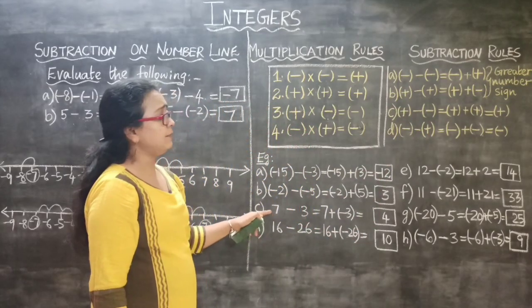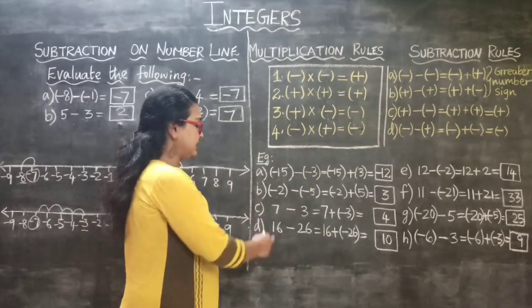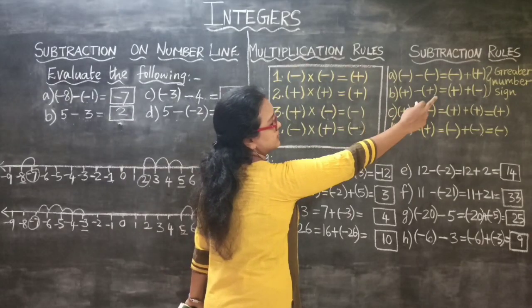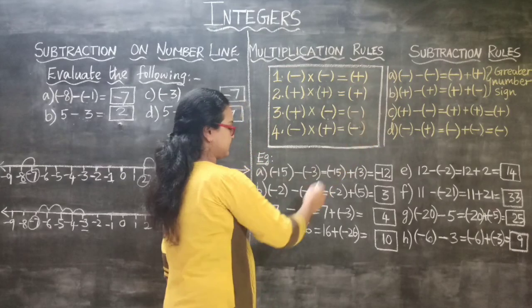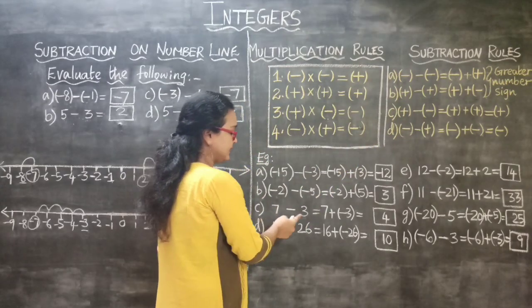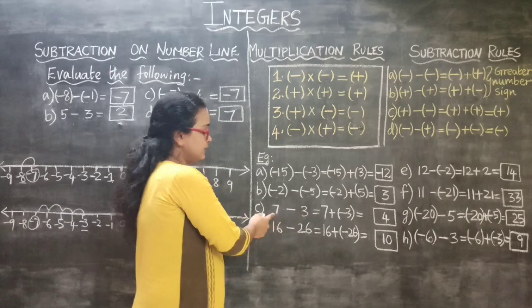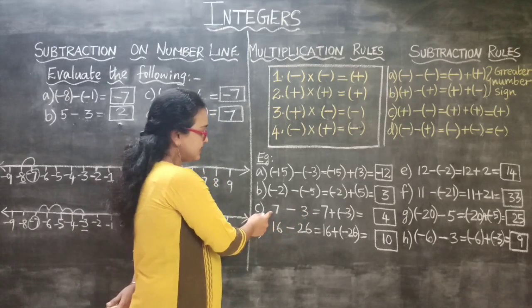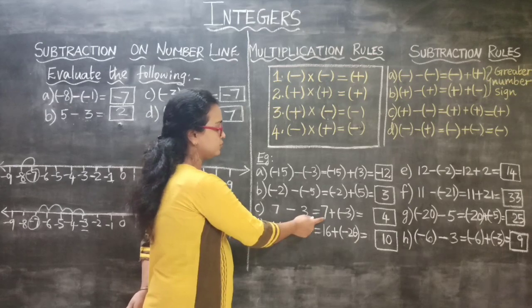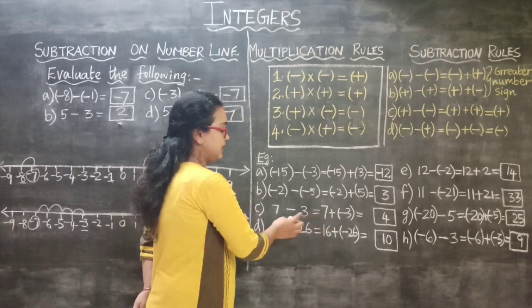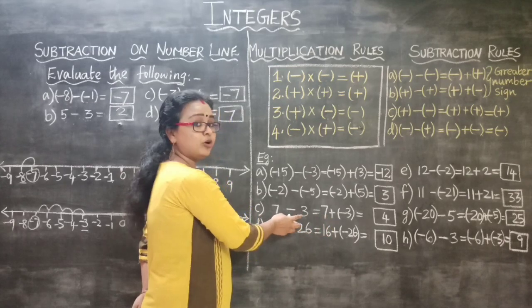Let's see an example for the second rule, that is plus minus plus is equal to plus plus minus. So we have to put the greater number's sign. 7 minus 3. Here both are positive integers, right? The first number will never change, it remains as it is, plus this minus into plus, that is positive 3, right?